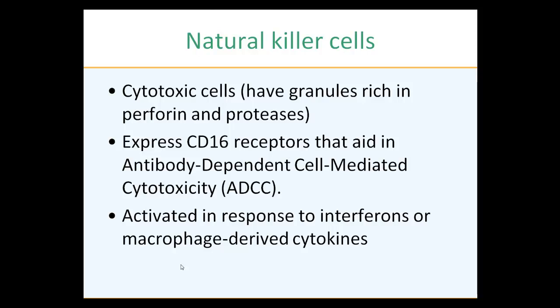They also will secrete protease, and from the name, it digests proteins. They express CD16, you don't have to remember that part, and that will aid in the antibody-dependent cell-mediated cytotoxicity by activating the B lymphocytes. But that part you don't necessarily have to remember.